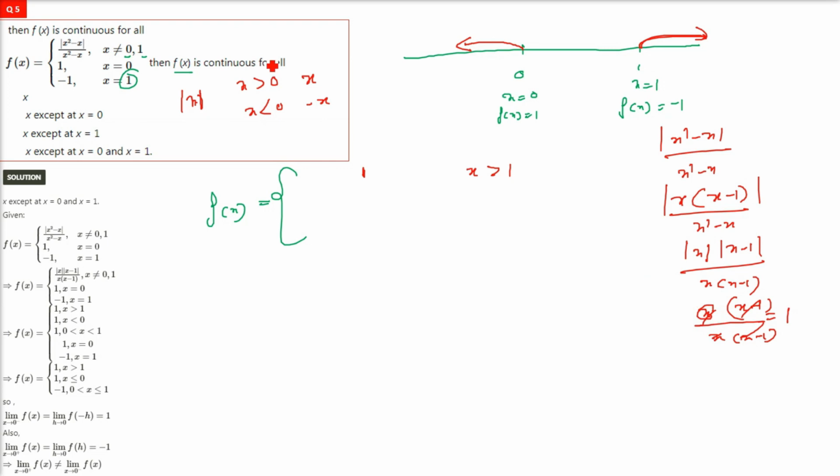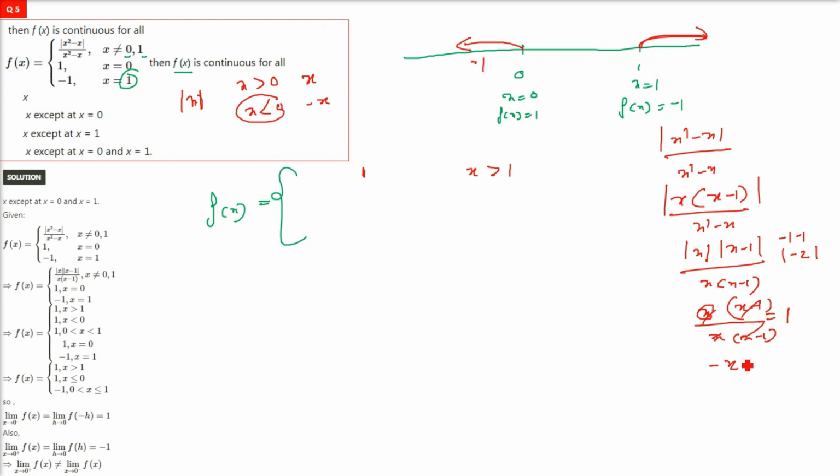Now the second thing is x is less than 0. So when x is less than 0, it will be negative. And mod (x minus 1), when it is less than 1, it will also be negative, that is negative (x minus 1). We are talking about x less than 0, so negative x will give you negative, x minus 1 will also give you negative. For example, I am just taking a value, say negative 1.